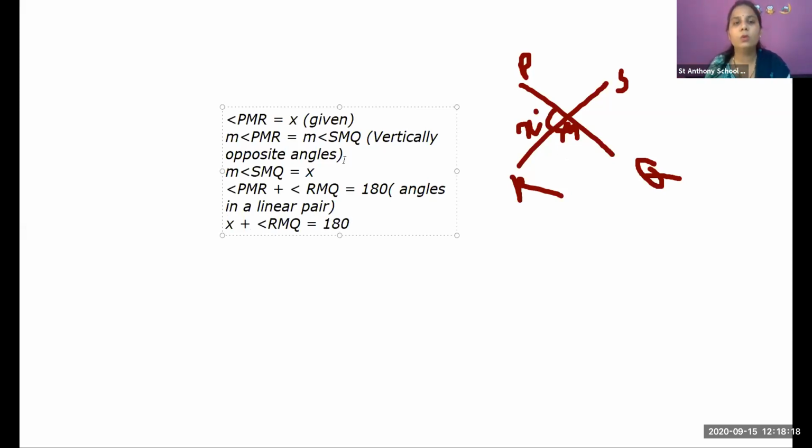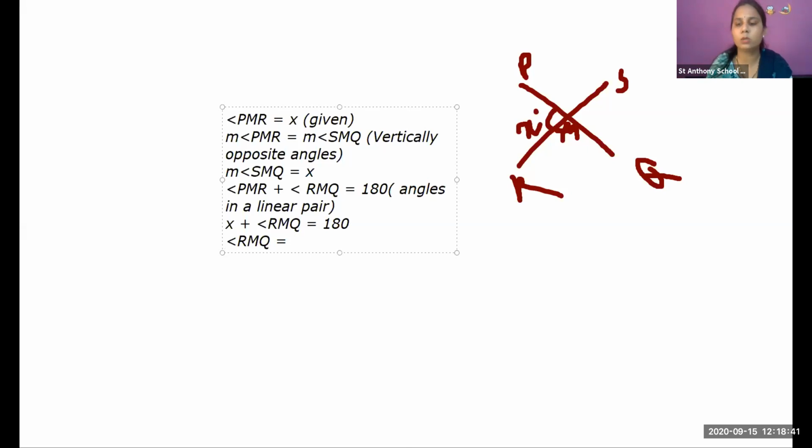Okay. Now we don't want this X with RMQ, so it should be shifted, right? We'll shift this X to the right hand side. Now if this X gets shifted to the right hand side, only angle RMQ will remain, right?